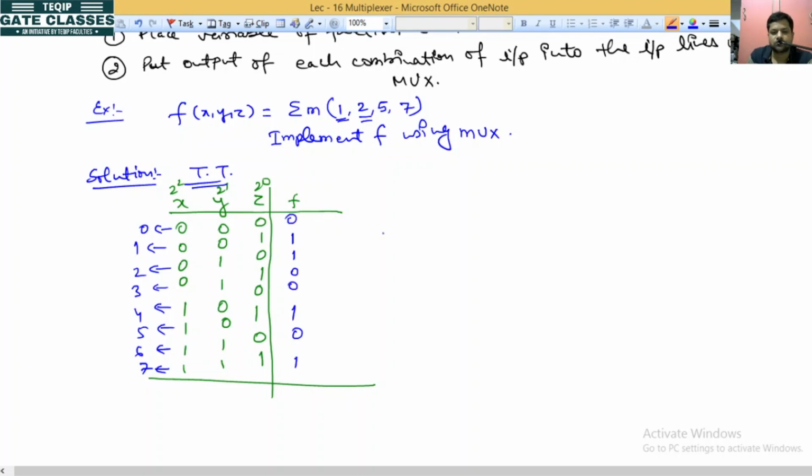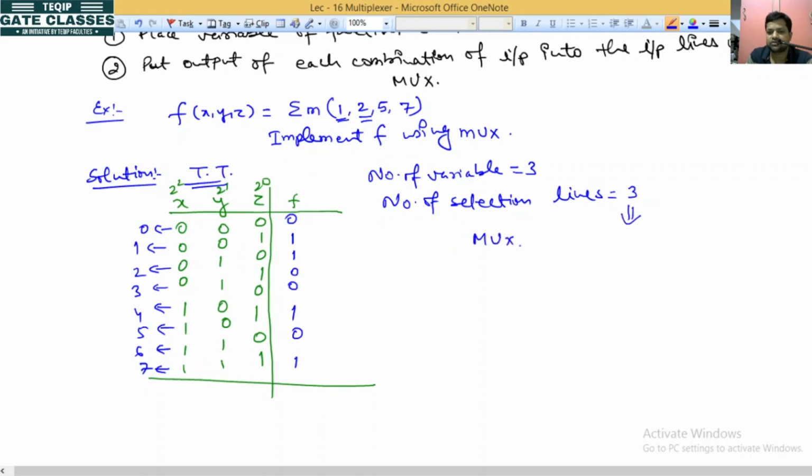Okay? So the number of variables is equal to 3. The number of selection lines is equal to the number of variables, so it is also 3. If the selection lines are 3, the mux will be 2 to the power 3 cross 1, that is 8 cross 1.